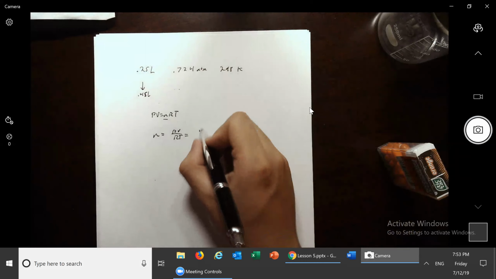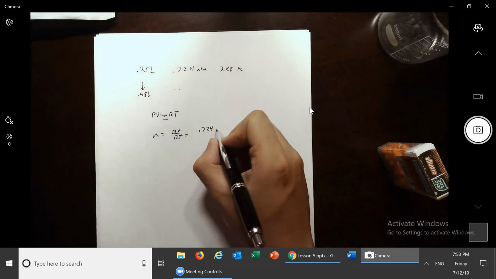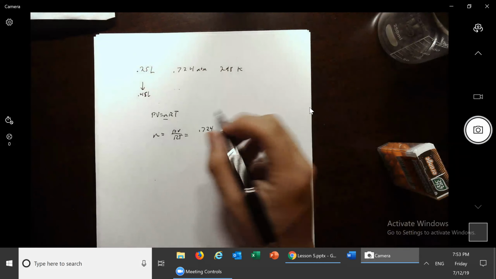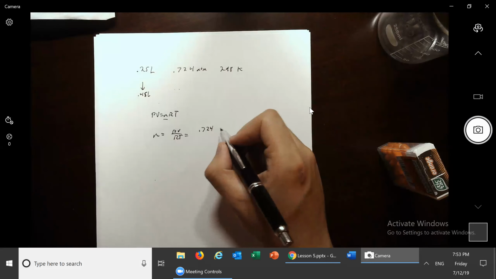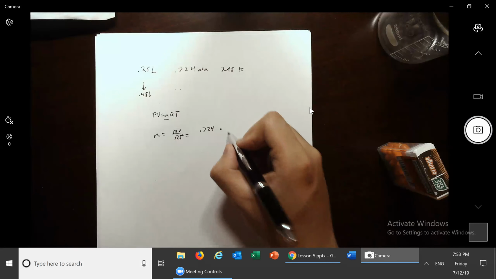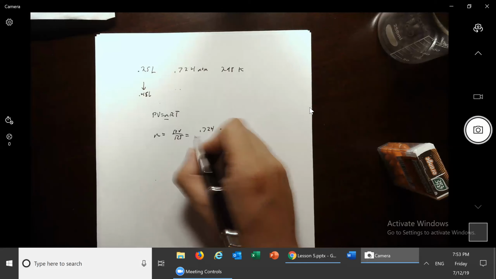So 0.724 times 0.25 liters divided by 0.08206 times 298. I'm not going to include units because they all cancel out, but you should include units in your calculations.